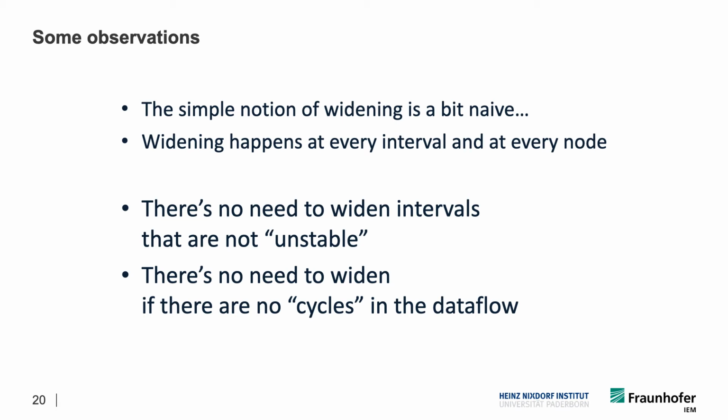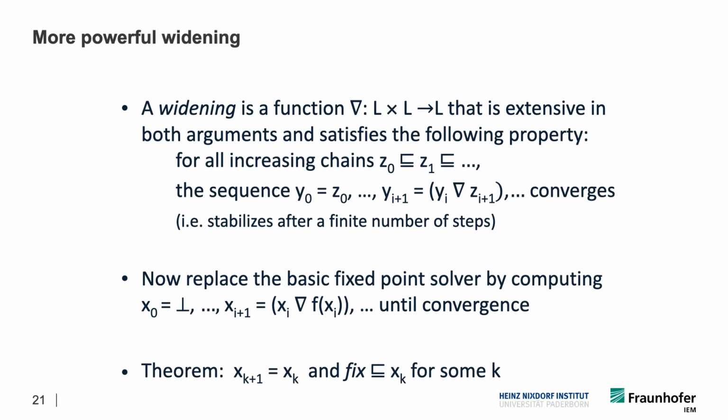If you're not really reiterating over the same value and increasing it in terms of height in your lattice from one iteration to the next. And therefore, we can define a more powerful widening that looks a little bit at the history of the values, or at least at the previous iteration that we have done, and applies the widening based on that.